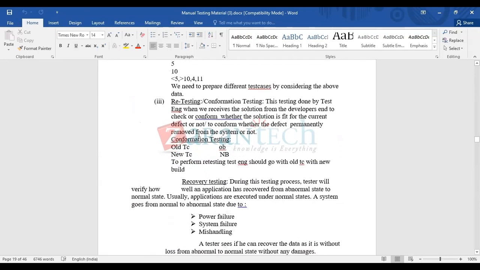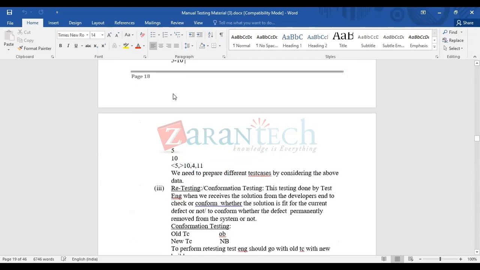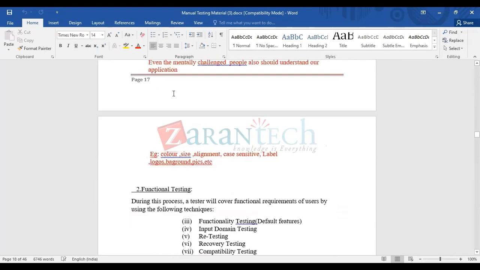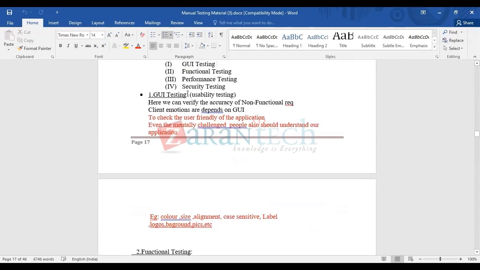Retesting also we completed yesterday, right? I'll remind you once again. We have completed GUI testing. Yesterday I said the alternative name of GUI testing is usability testing. I explained things like color, size, alignment, case sensitive, label, logos, background, picture resolution, or images.